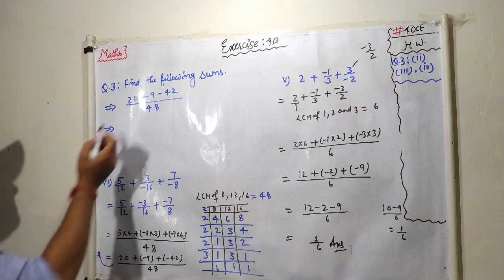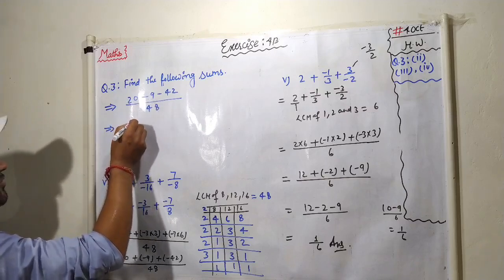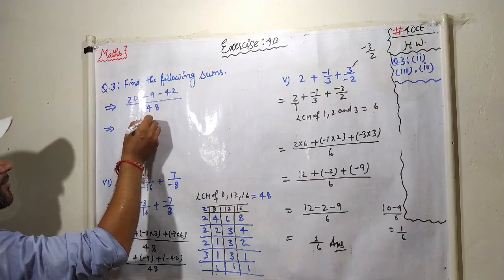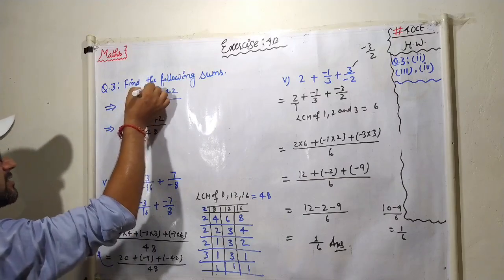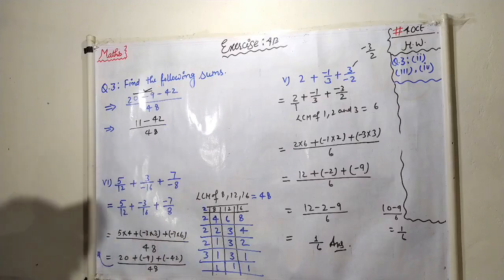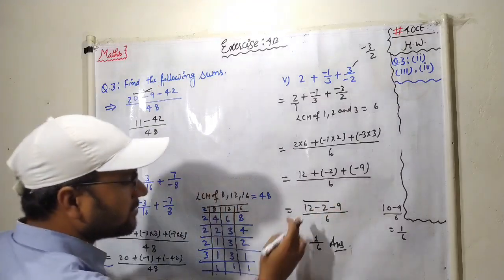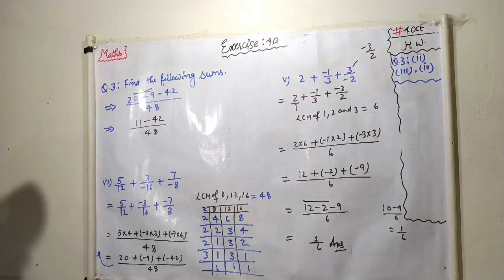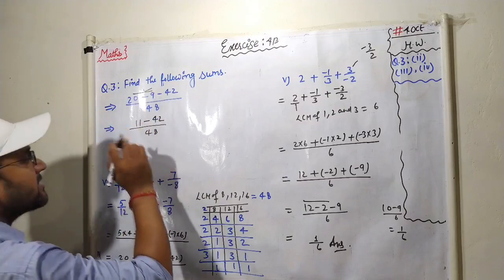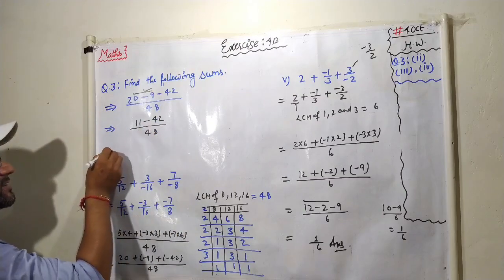First we subtract 20 minus 9, you will get 11 minus 42 upon 48. First I have done this one. Same as it is in this one: 12 minus 2 is 10, 10 minus 9 is 1, so 1 upon 6. Same as it is, 20 minus 9 is 11. 11 minus 42, what will you get, students?